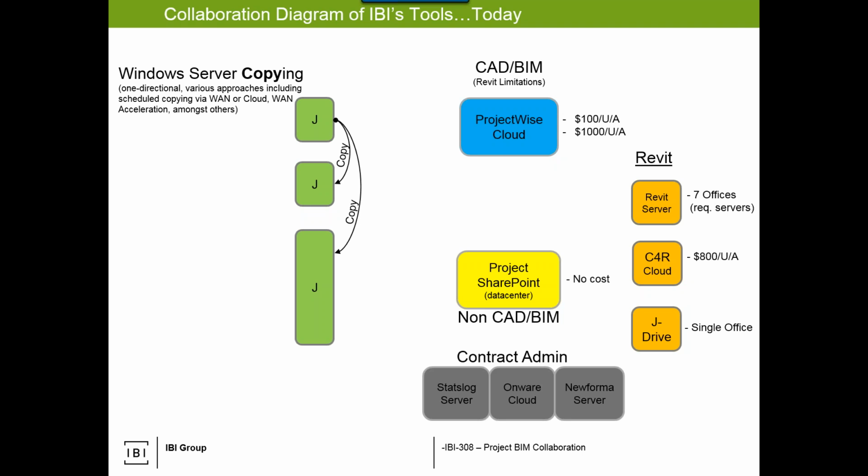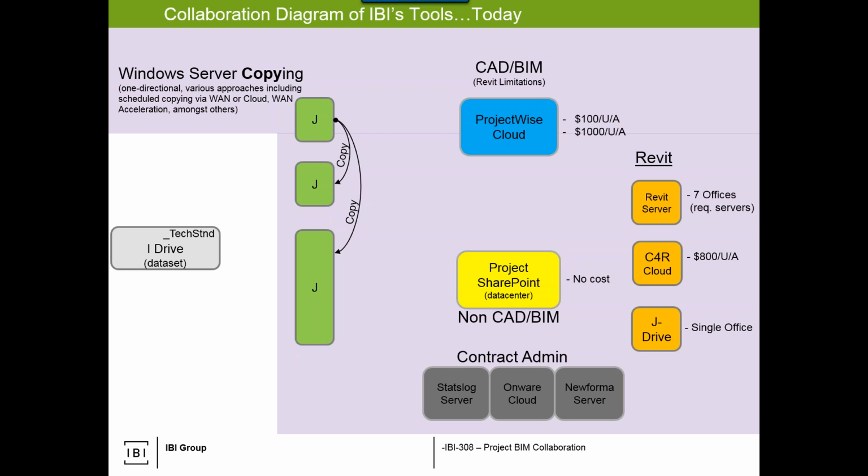We have 3 main construction contract admin systems: StatsLog, Onware, Nuforma. There's also, from a contract admin, the J drive is also used as well. But those are 3 systems we have. One or many or all of these could be active on any one project, or in varying combinations for different projects.